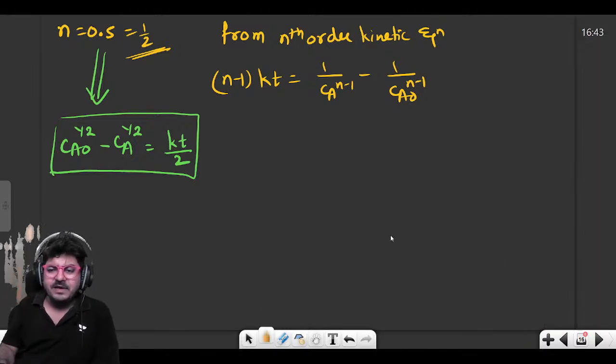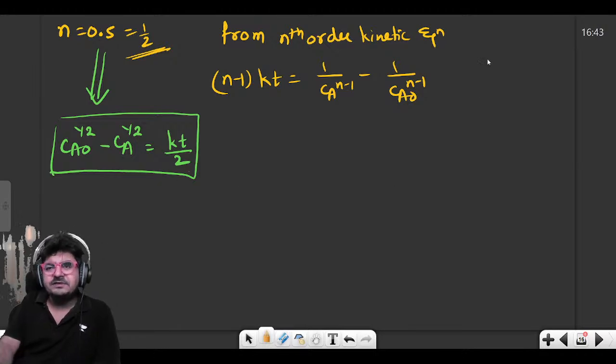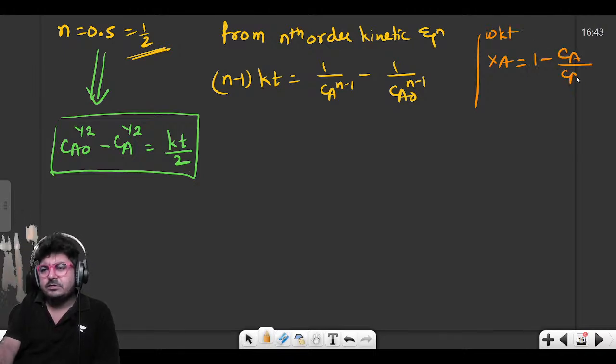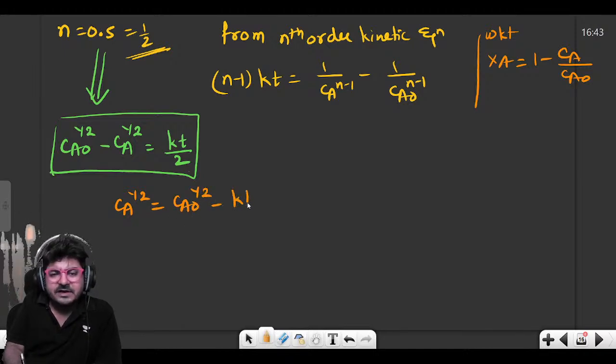Now you will understand here. If we can find Ca from here, then finding X is easy, because X equals 1 minus Ca upon Ca naught. So if I can calculate Ca, I will get Xa. Let's check from here. Ca power half will be equal to Ca naught power half minus Kt upon 2.